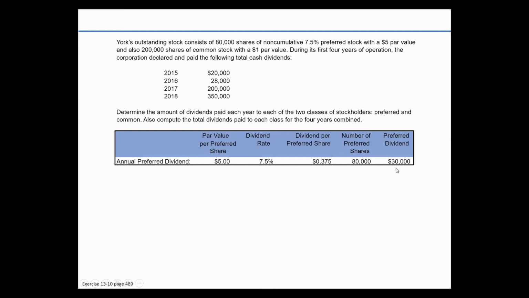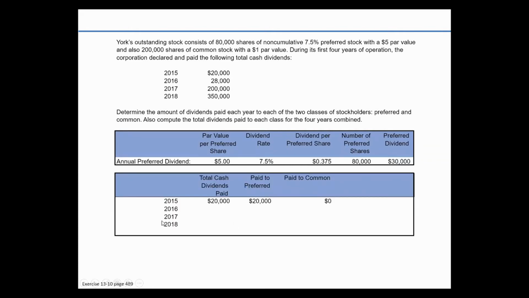And so the preferred dividend then is 30,000, because you take the par value and you multiply that by the dividend rate. That gives you the dividend per preferred share. And if you take that multiplied by the number of preferred shares, that should give you the preferred dividend.